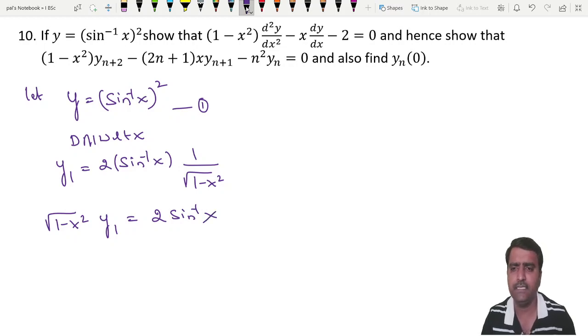Now you differentiate this again with respect to x. Take this equation as 2.